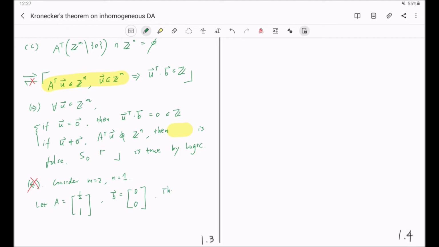Then ut times b, which is 0, is always an integer. So the statement 2 is always true, because this part is always true in this situation. So 2 is always true.